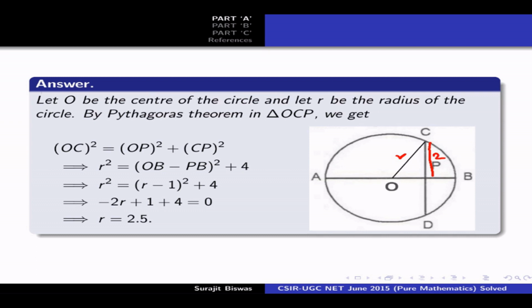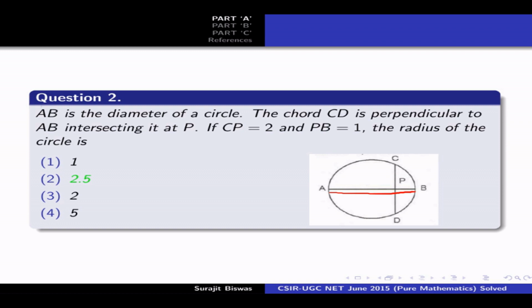And what is OP? OP we can get as OB minus PB. PB is given to be 1 and OB equal to R. So we have the equation R square equal to (R minus 1) square plus 4, and solving this we get R equal to 2.5. So the correct option is option 2.